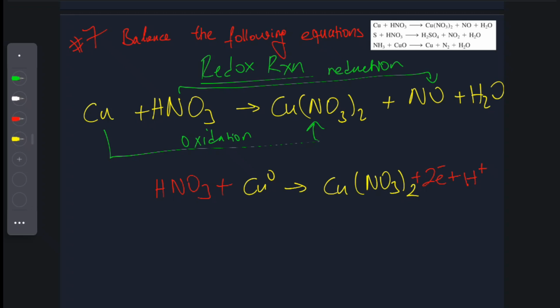If it gives 2 electrons, then I should have at least 2 nitric acid molecules. But hydrogen becomes 2 here, and I also want to balance the nitrate here. Right? There should be 2 actually for that.